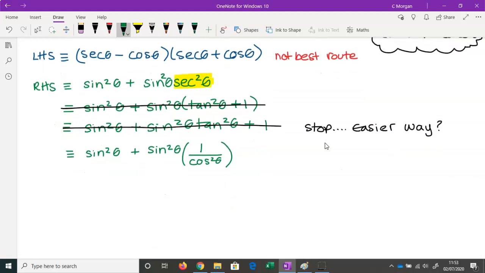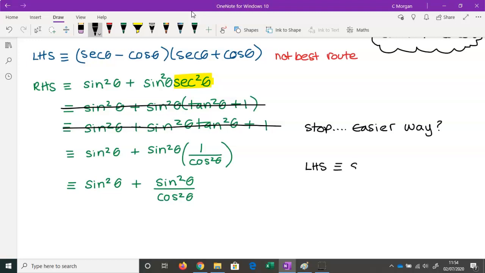Now, I've got to this stage, so I think a much easier thing to do would be to write sine theta add sine squared theta over cos squared theta. And I'm just going to remind myself what the left-hand side was, because I mustn't forget what I'm trying to do.